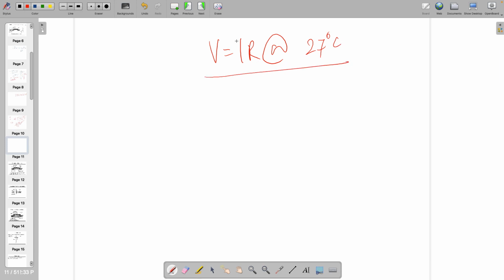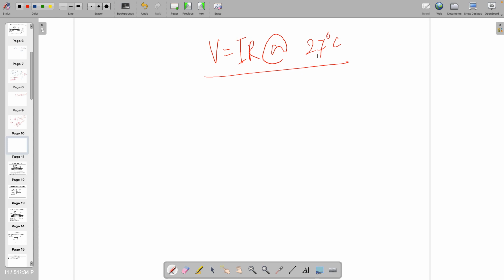But still I am saying V equal to IR at room temperature. This is what is happening sitting in this laboratory. If I take it to, let's say, the moon or Mars or any place which is not Earth, this equation might change. One has to check that.